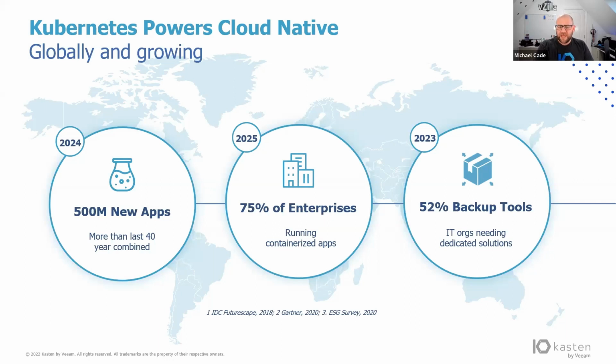And then another big thing, 75% of enterprises running some sort of containerized apps. I actually believe we'll get there before 2025, but I won't mess with the analysts. And then the IT organizations needing dedicated solutions to protect that workload.